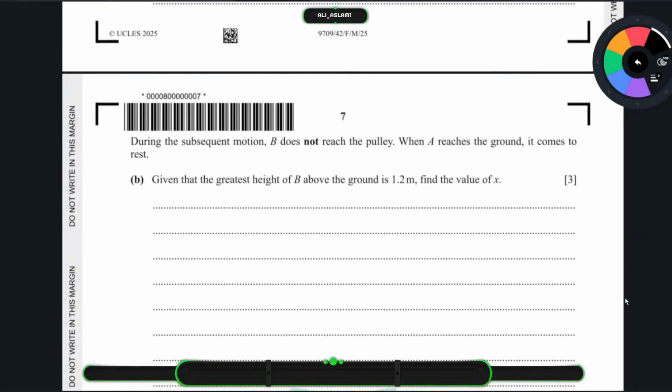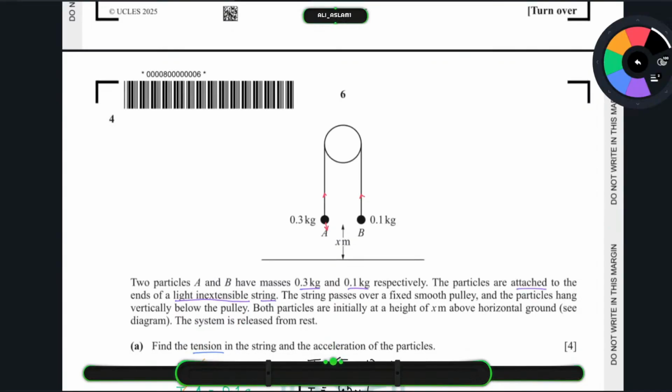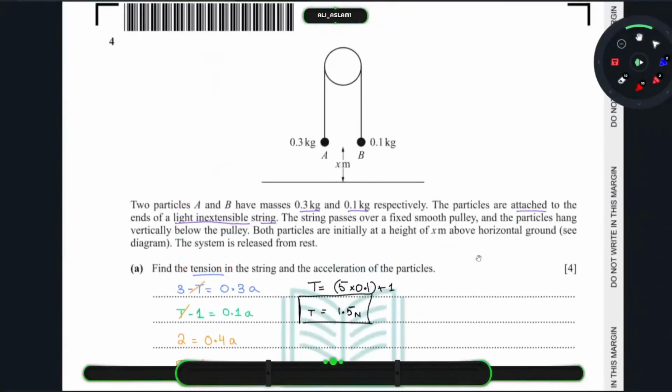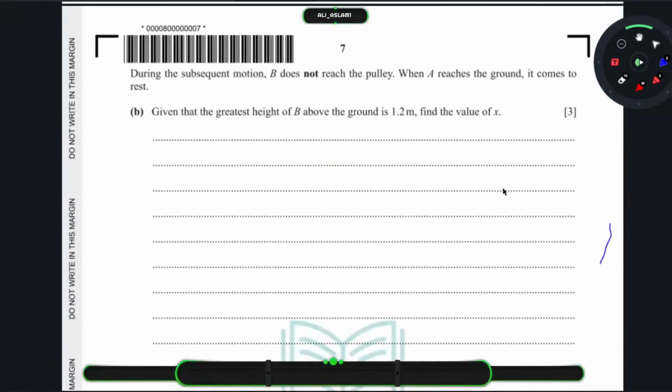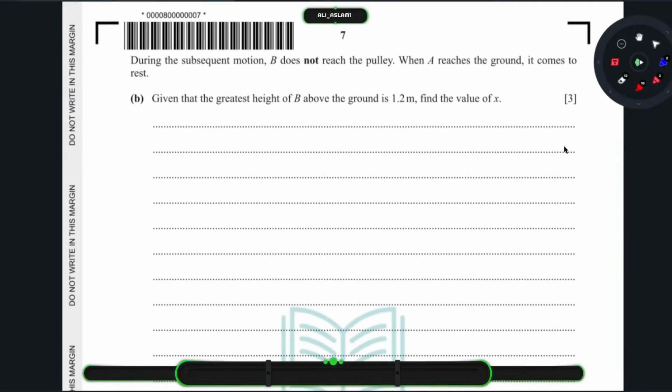During the subsequent motion, B does not reach the pulley. We are asked to find the greatest height.